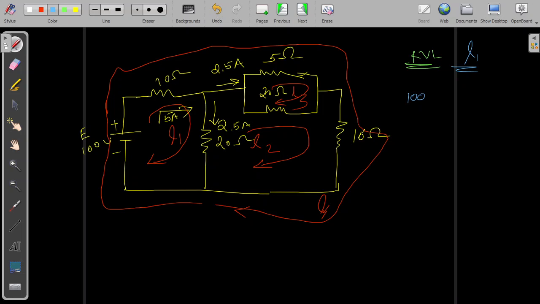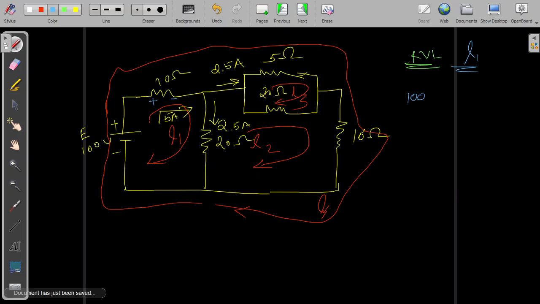So I get plus 100 volt, as I'm taking clockwise as plus. Then here the current direction is from left to right. Current always flows from higher potential to lower potential, so it will be plus and this will be negative.